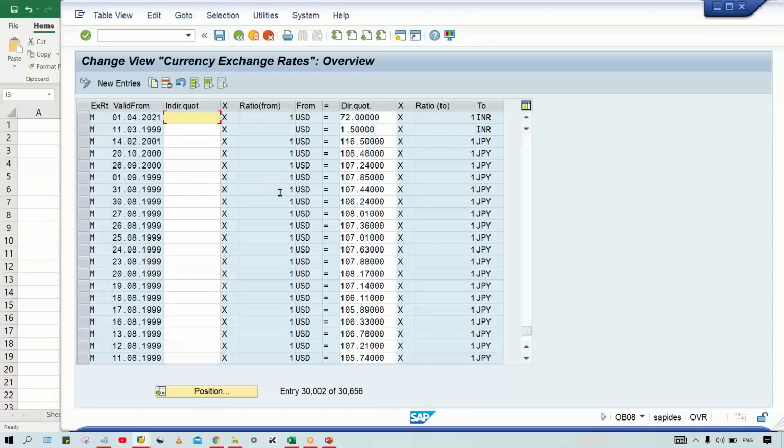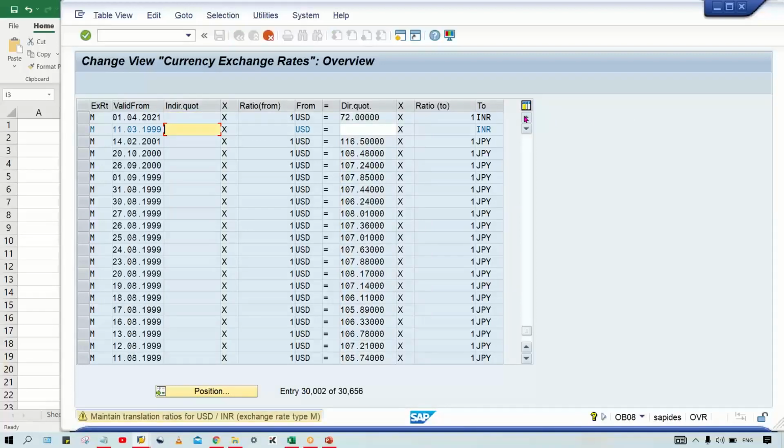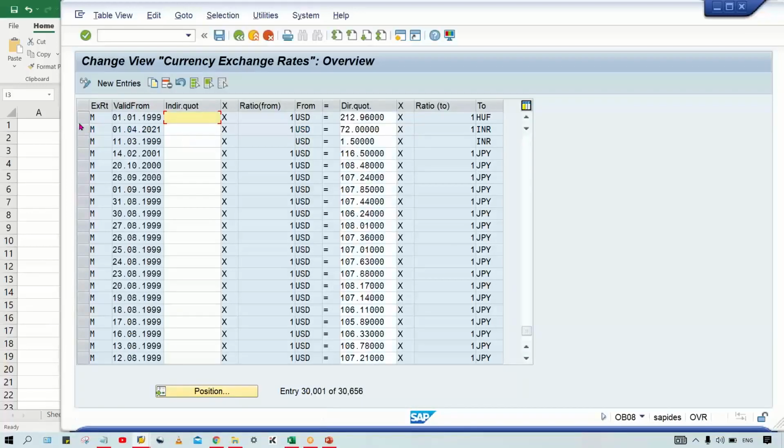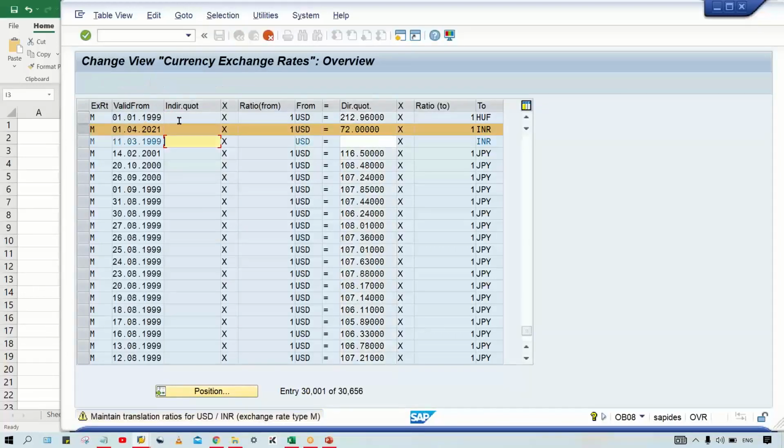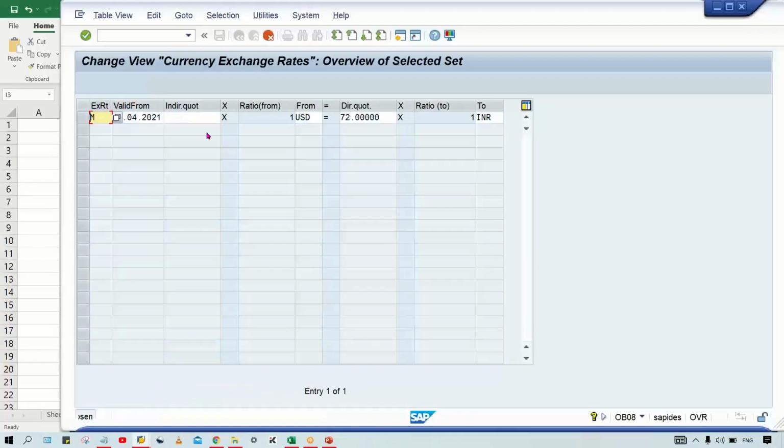Okay, so now here, this is the latest which is specified here, right? Maintain translation ratio, USD exchange rate type for this one, right? Press enter. I made a mistake.